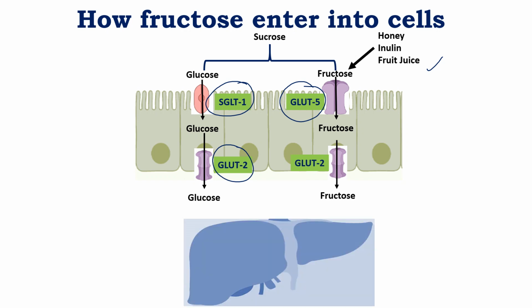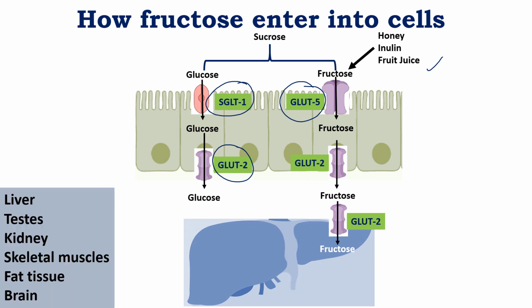Now glucose and fructose both enter into the liver cells, hepatocytes, through the same transporter, GLUT2. So the glucose transporter is one of the important transporters which helps in the entry of fructose also into different places.